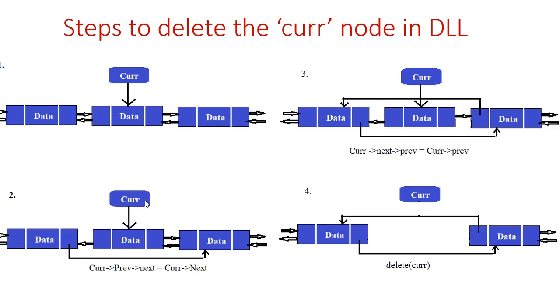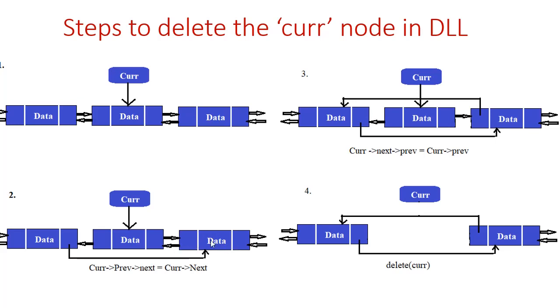In the first step, I need to establish the reference of the previous node of the cur pointer to the next node. That is, cur's previous next is cur's next. So I removed this particular link here and established a new link like this. The second step is to remove this particular link.